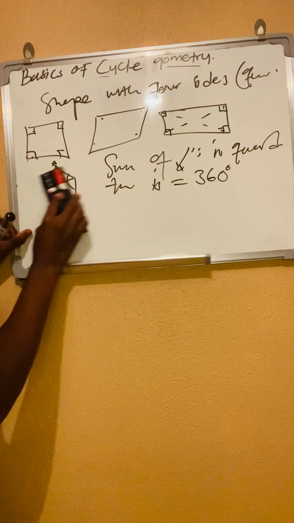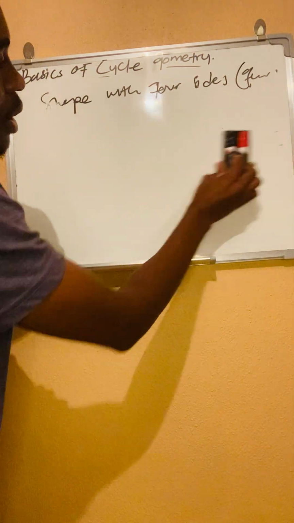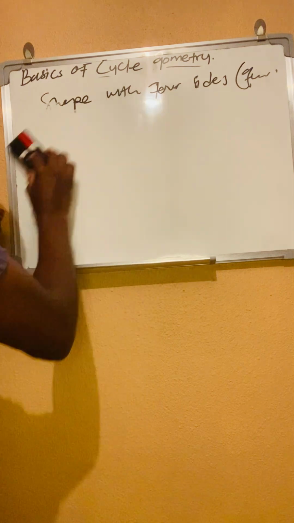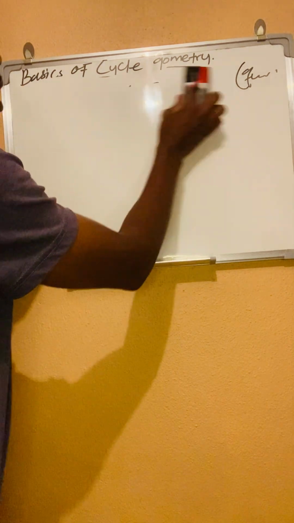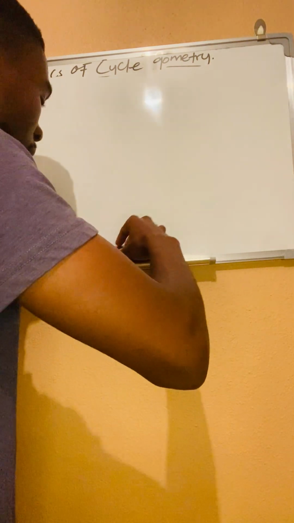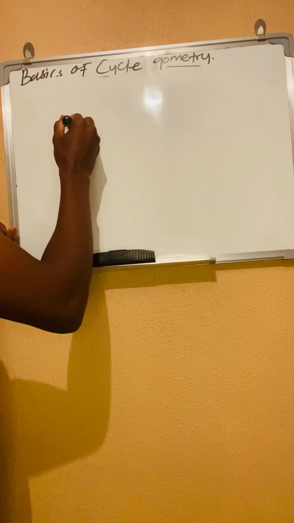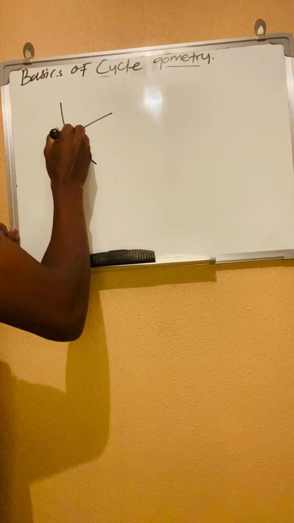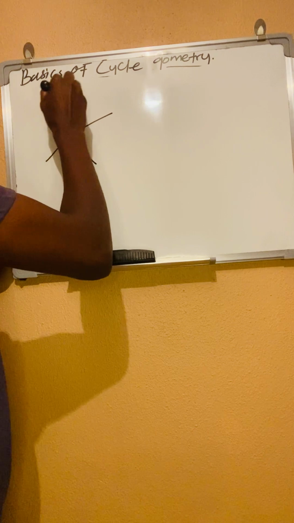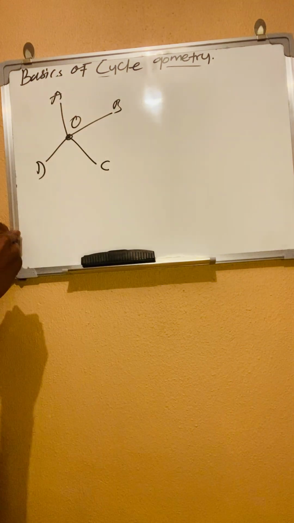Lastly, we have a revolutional angle, or angle at a point. This is the point O, with A, B, C, D around it.